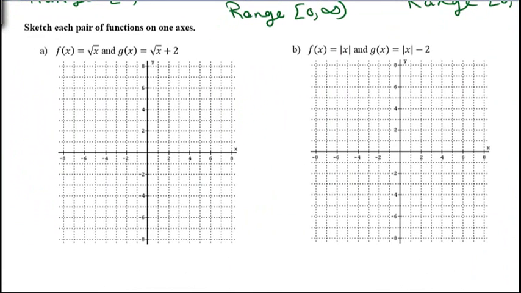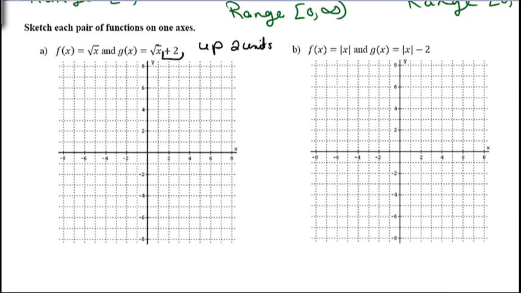Okay, so our first example, we're going to take a look at a square-root graph. So we're going to use the graph of f of x equals square root of x, which we just saw, and we're going to get the graph f of x equals square root of x plus 2. So we're adding 2. It's outside of the square root, and so that means that we're shifting up or down, and because it's positive, we're going to be going up 2 units.